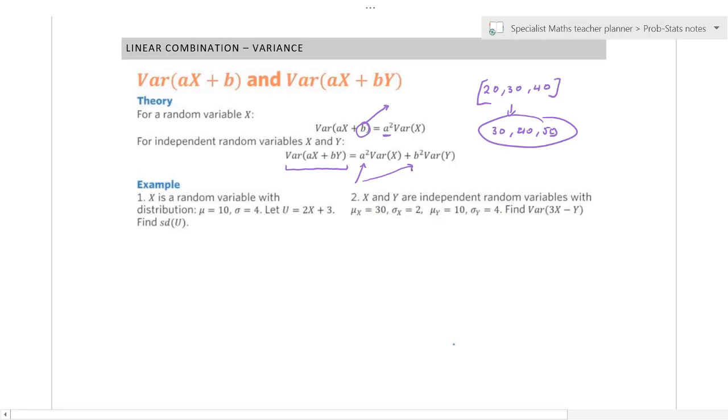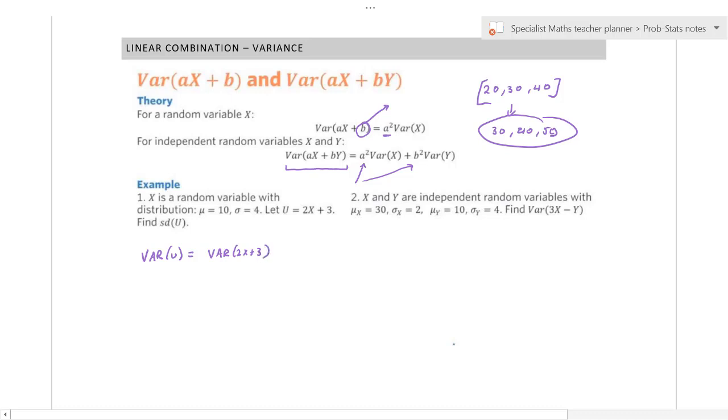Okay, so X is a random variable with distribution mu equal to 10. Let U equal 2X plus 3. Find the standard deviation. When we're finding the standard deviation, you really want to find the variance first. So first of all, let's find the variance of U, and that is going to be the variance of 2X plus 3.